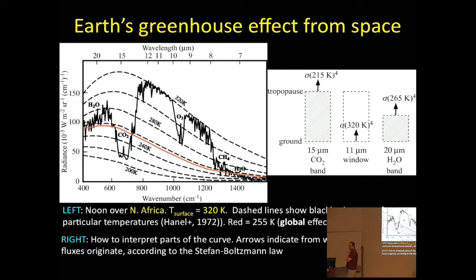So 6 Kelvin per kilometer. Yeah, so it's going to be in the middle troposphere, roughly speaking. So this is typical of, it's not too far off that, maybe a bit lower.